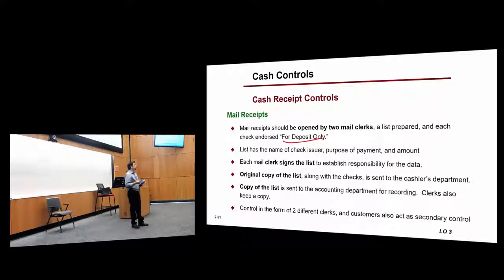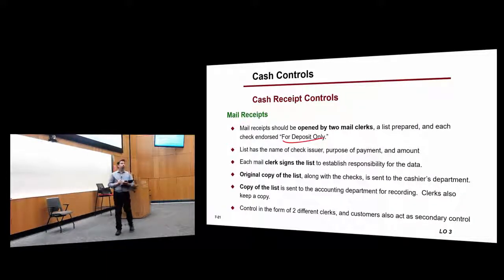Why is that? For deposit only, the bank will not give cash to anyone; it will only be deposited in a certain bank account. And the advantage is that if for any reason the company later claims that this is not the person I sent the money to, the bank can trace it to the account owner.